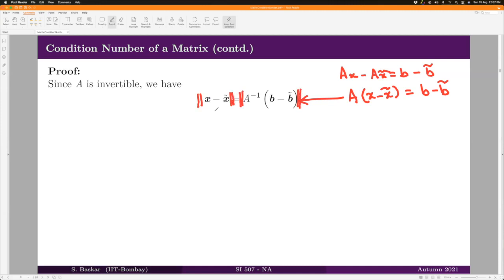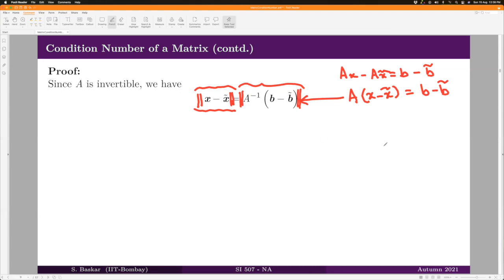Remember, since I'm taking norm on a vector, this notation is actually vector norm, and similarly this is also a vector norm. We never distinguish notationally between vector norm and matrix norm. As I told in the last class, one has to understand them in the way they are used.